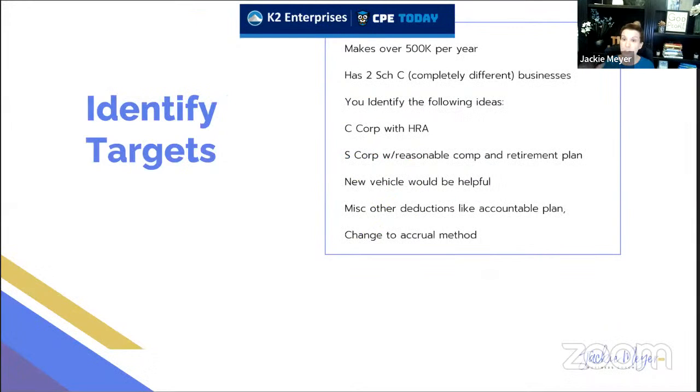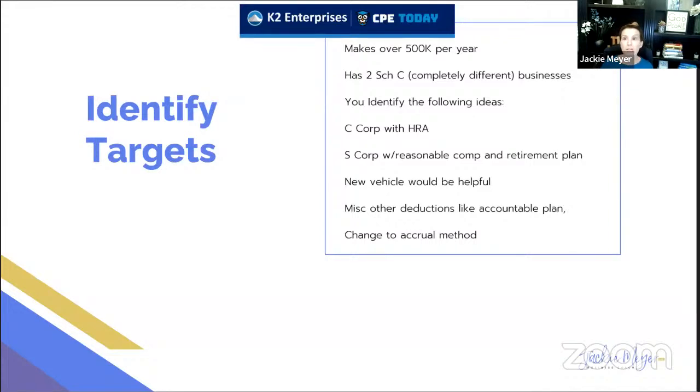So let's walk through each of these steps in a little bit more detail for you to understand how it goes. Let's say we have a client, we're meeting with them, and you immediately identify some key missing elements to their tax situation. Now, this could be an existing client as you just finalized their 1040 for the prior tax year, or it could be a potential client.